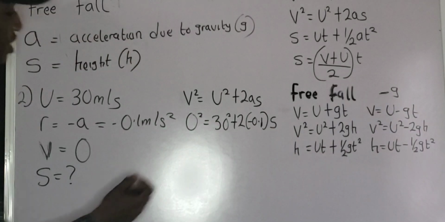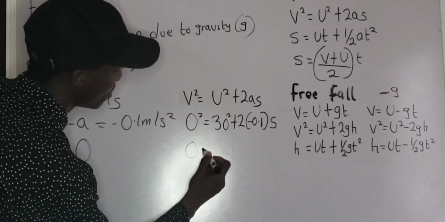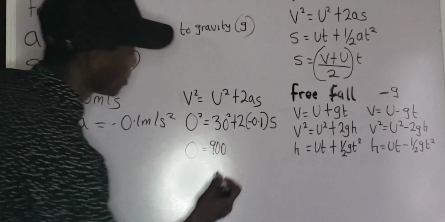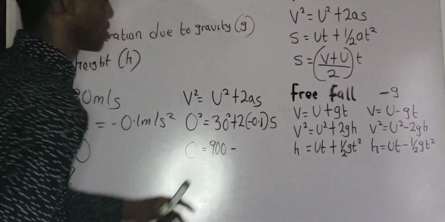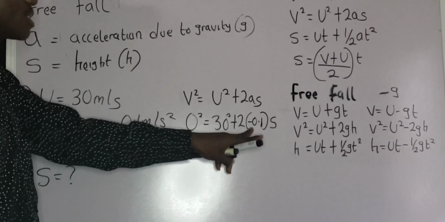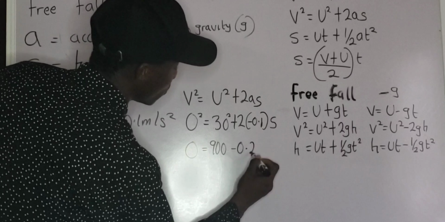Are you paying attention? Okay, 0 squared is 0. So I'm going to have 0 is equal to 900, because 30 squared is 900, plus 2 multiplied by negative 0.1. That is negative 0.2s.